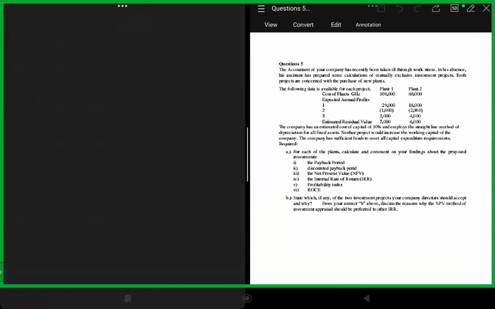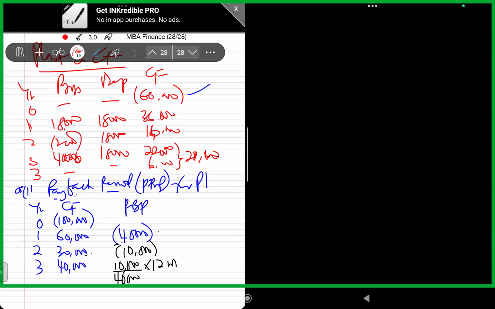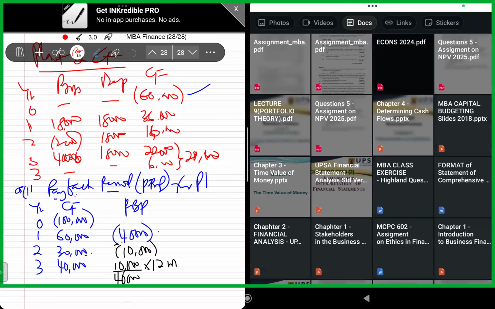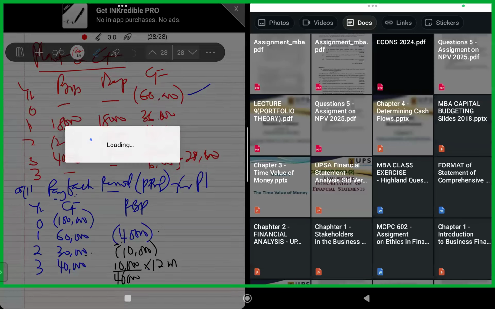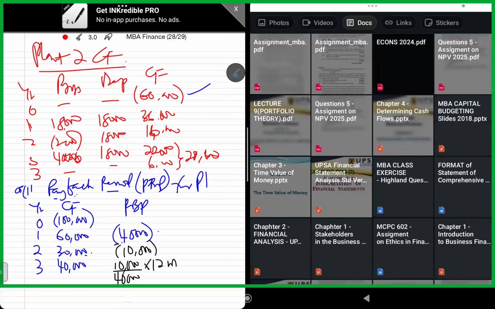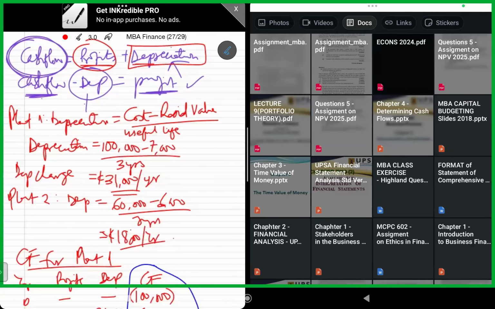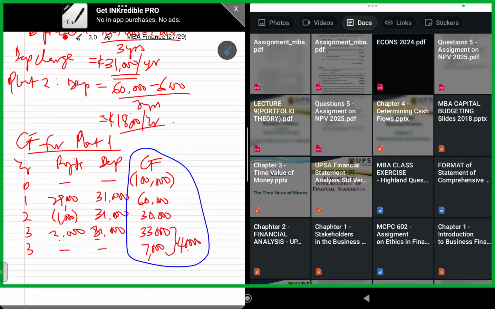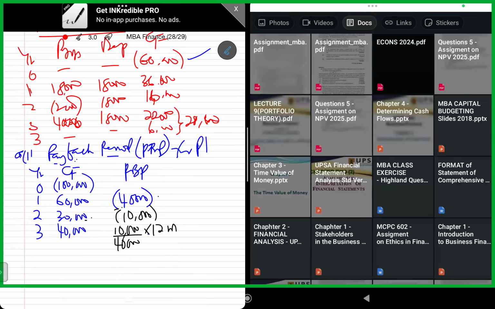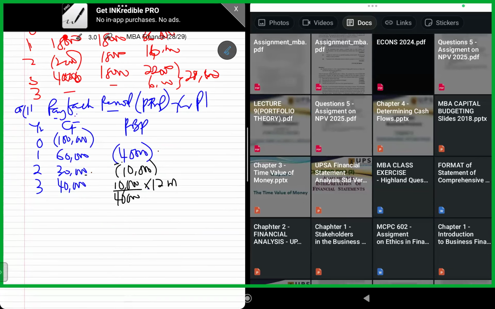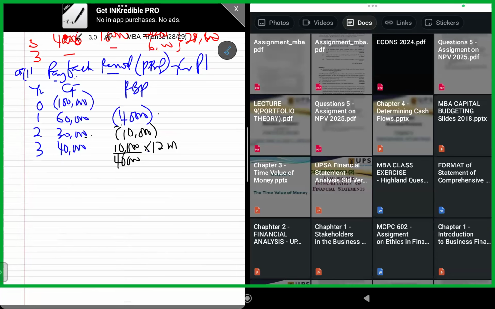So payback period for plan two. You have to practice, so don't wait till exams, especially if your exams are beginning shortly. So payback period for plan two.